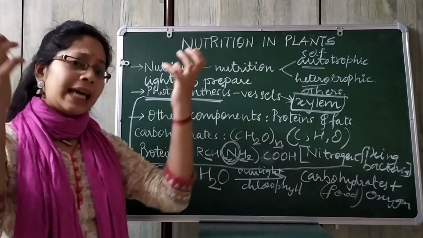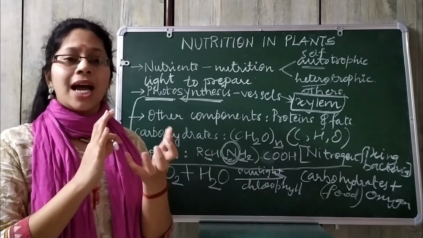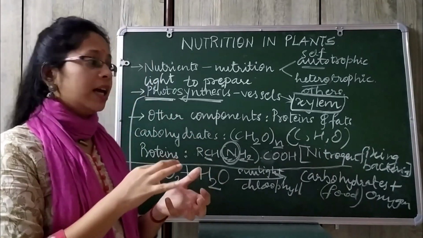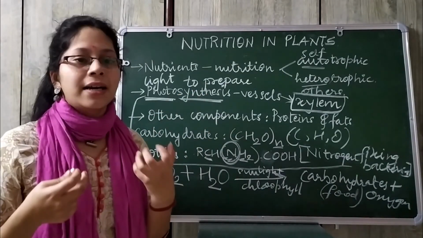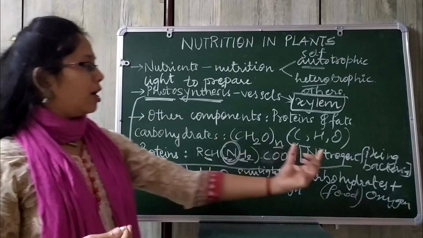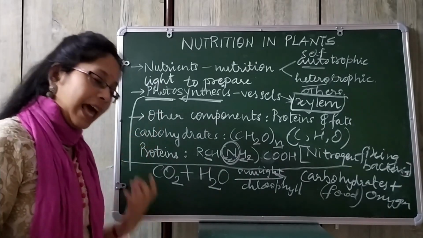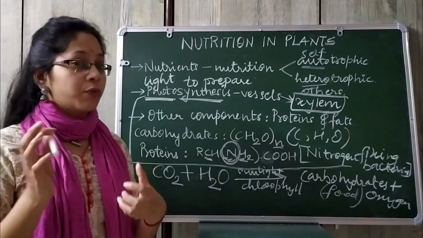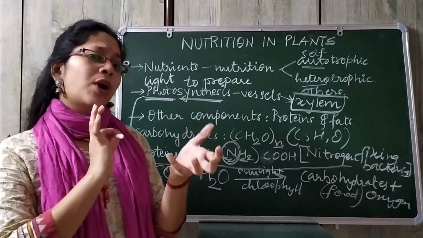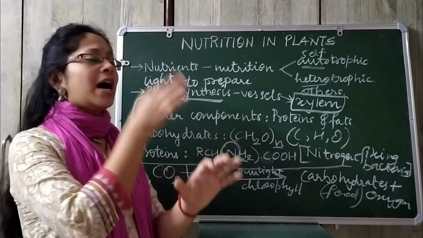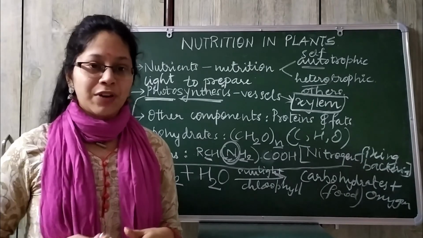These bacteria will take up nitrogen from the atmosphere and it will convert that nitrogen in such a way that plants will be able to take up or to absorb that nitrogen. Okay, so they are called nitrogen fixing bacteria. So these bacteria basically will help the plants to take up nitrogen. Why? Because here the nitrogen fixing bacteria changed the nitrogen in such a way that plants can take it. Understood? So next part we will see in the next video.